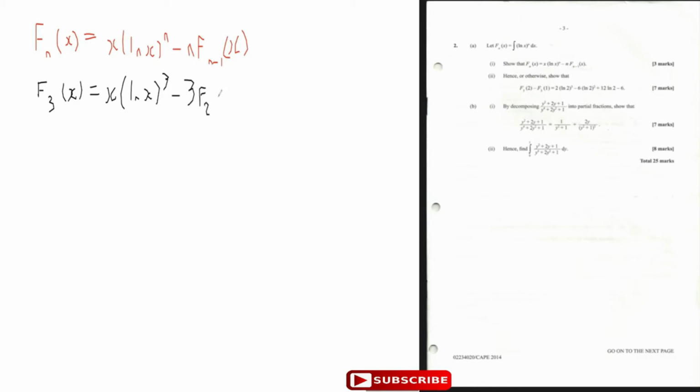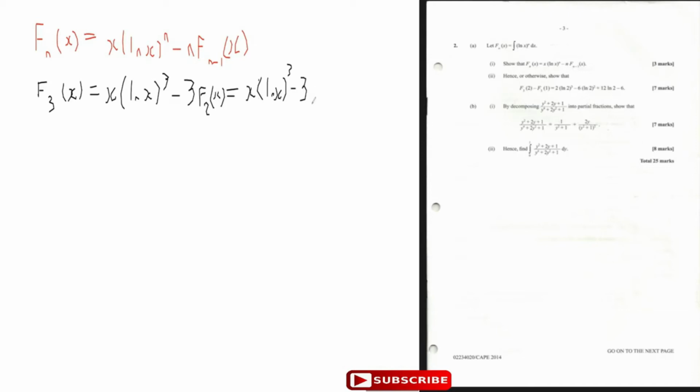So what we're getting is x ln x cube minus 3 times f2 of x.